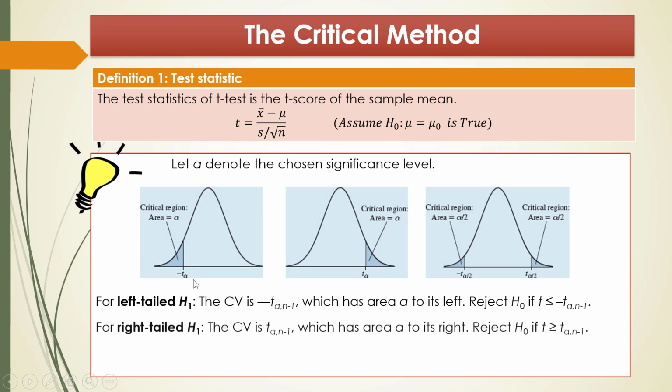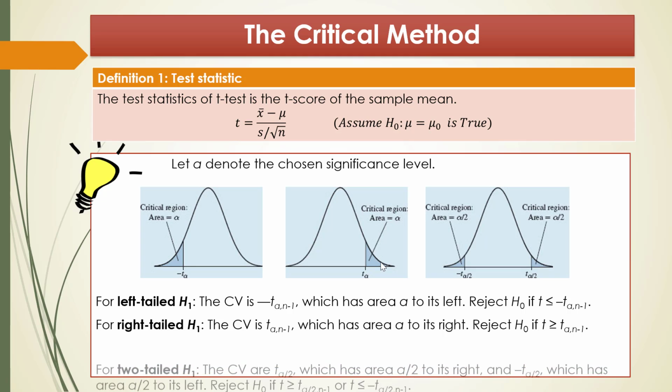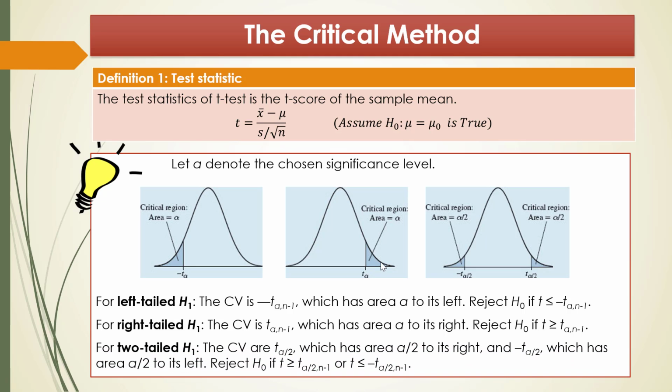For the right tail, the critical value is t alpha, n minus 1, and if the test statistic falls into the critical region, which is the shaded area here, we have t is greater than or equal to t alpha, n minus 1. For two-tailed, the critical values are t alpha half, which has area alpha half to its right, and minus t alpha half, which has area alpha half to its left.